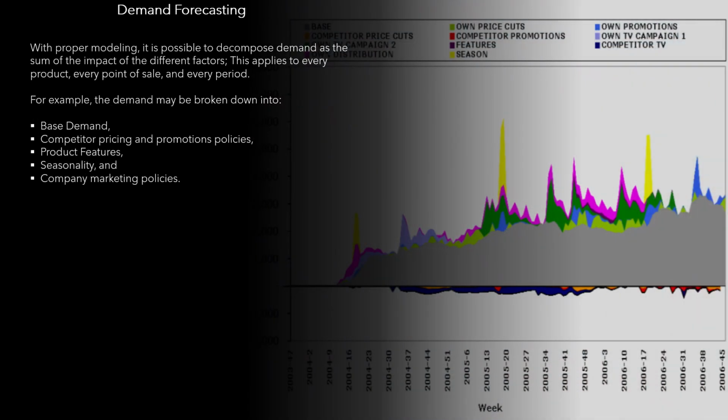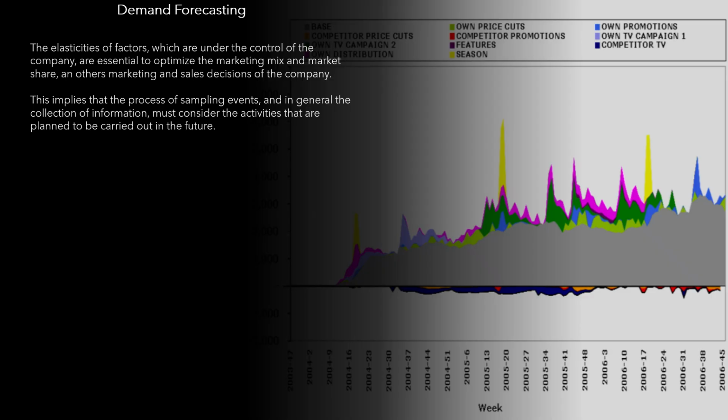With proper modeling, it is possible to decompose demand as the sum of the impact of the different factors. This applies to every product, every point of sale, and every period. For example, the demand may be broken down into base demand, competitor pricing and promotions policies, product features, seasonality, and company marketing policies.